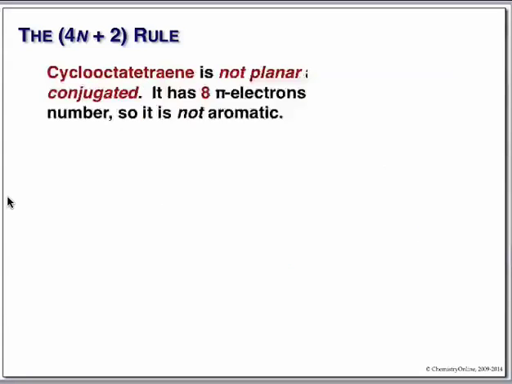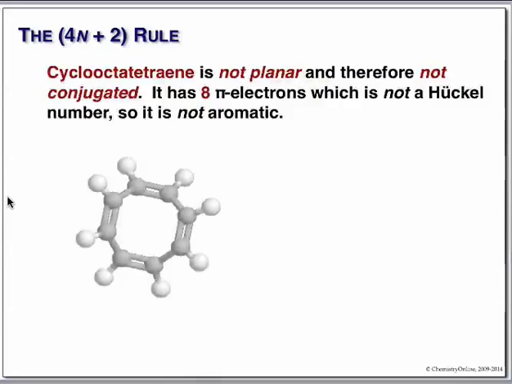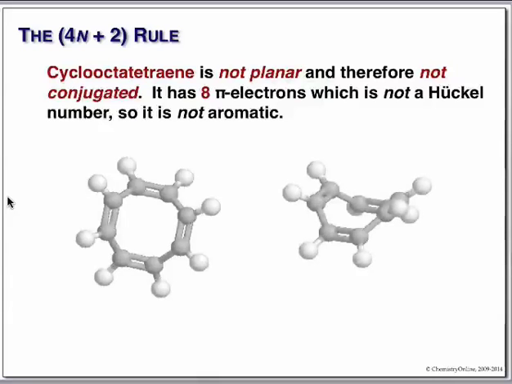Our next guy on the list was cyclooctatetraene. Now, cyclooctatetraene has 2, 4, 6, 8 electrons. If you do the 4n plus 2 rule, this is not a Huckel number. Cyclooctatetraene, however, is not anti-aromatic because it actually looks like this.